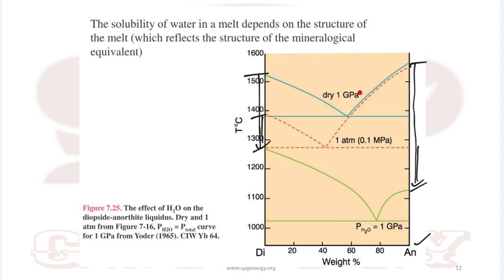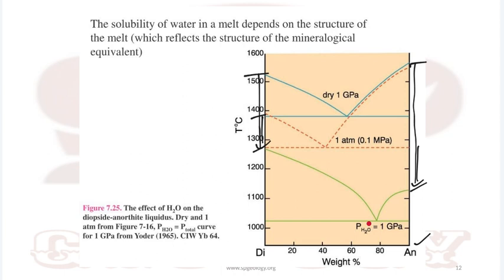That is why if you add water, the eutectic composition will shift towards anorthite.